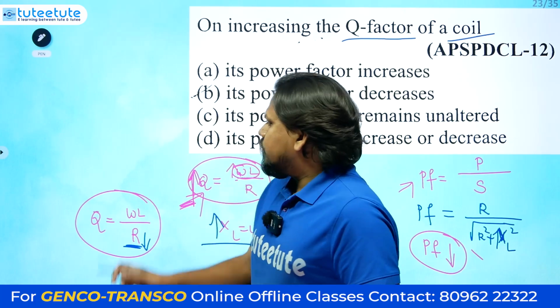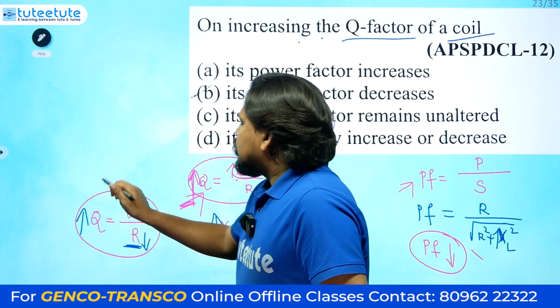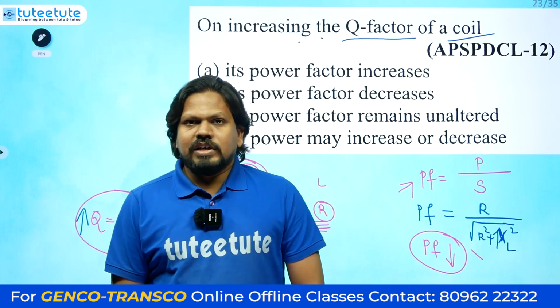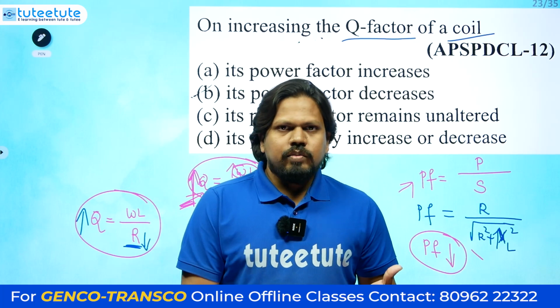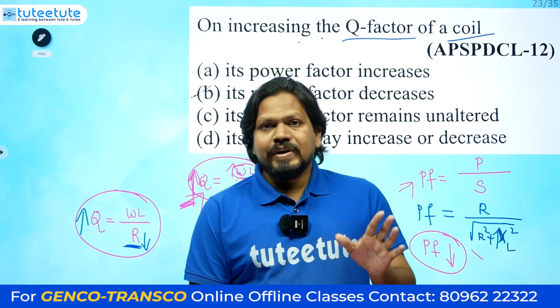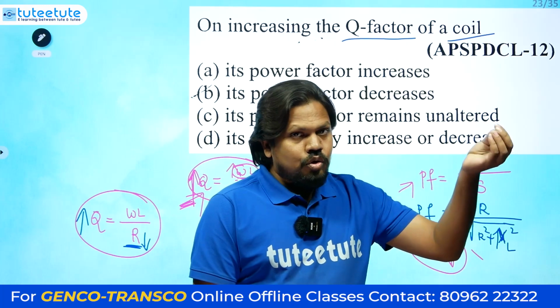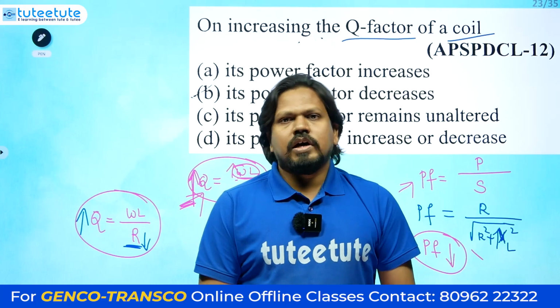So if it is a good coil, the Q factor will be high, which means the R value will be less. At the designing stage, if I am designing a good coil, the resistance or power dissipation in that coil must be less. It has to store energy, it should not dissipate energy. That's why we represent the Q factor.